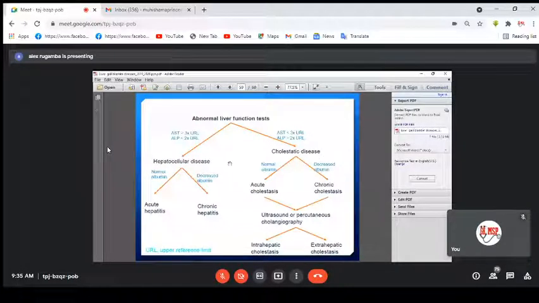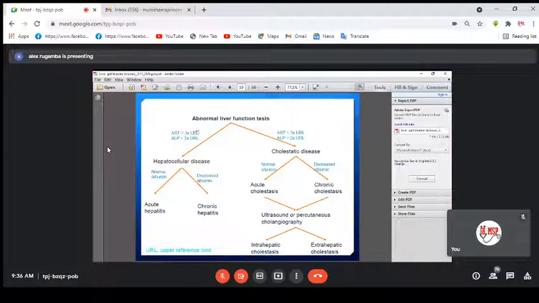So if one is elevated in the bile duct or gallbladder, another one will be less in the liver. If one is high in the liver, another one will be low in the other organ. You understand? So that's why here it is elevated, greater than 3 times this term.